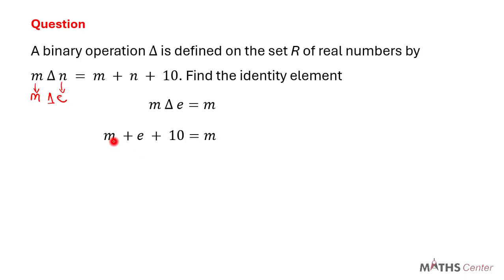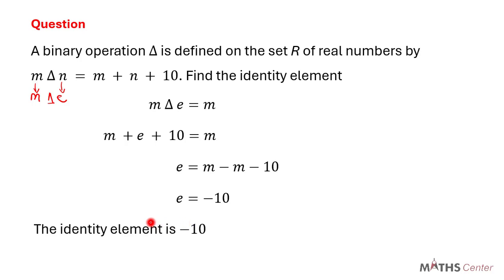So I'll send M and 10 to the right hand side. When I do that, I'm going to have E is equal to M - M - 10. And this gives us E is equal to negative 10. This means that the identity element for this binary operation is negative 10.